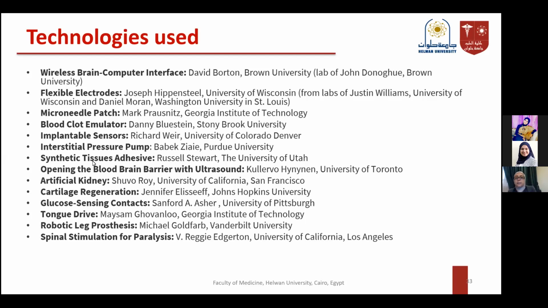There are synthetic tissue adhesives. You know, this is an advance in the surgical procedures where these adhesives can cure the surgical incisions in a very short time. There is also a device for opening the blood-brain barrier with ultrasound. You know, the blood-brain barrier is a major challenge in front of the drugs for the brain.